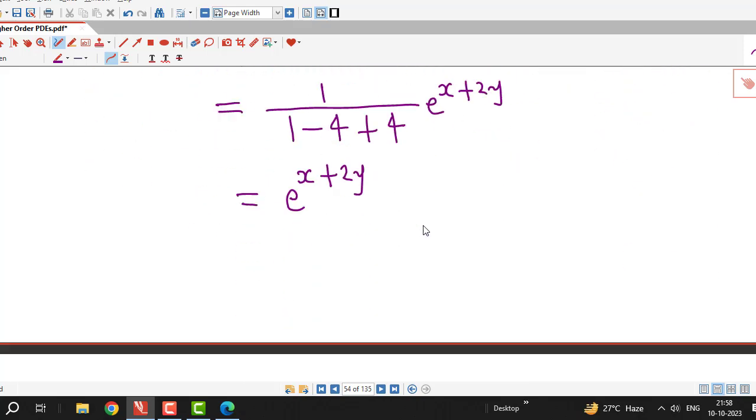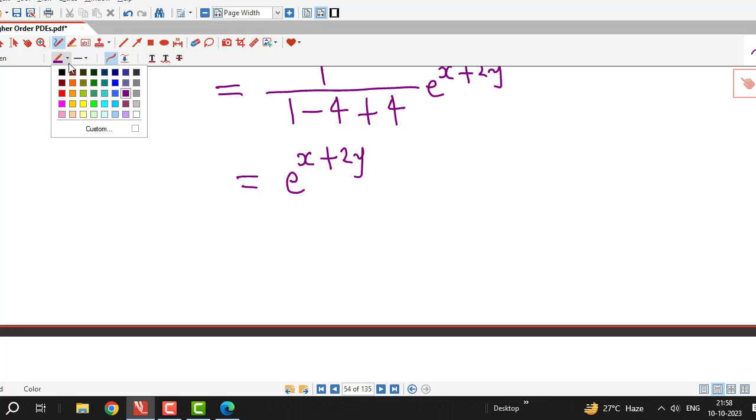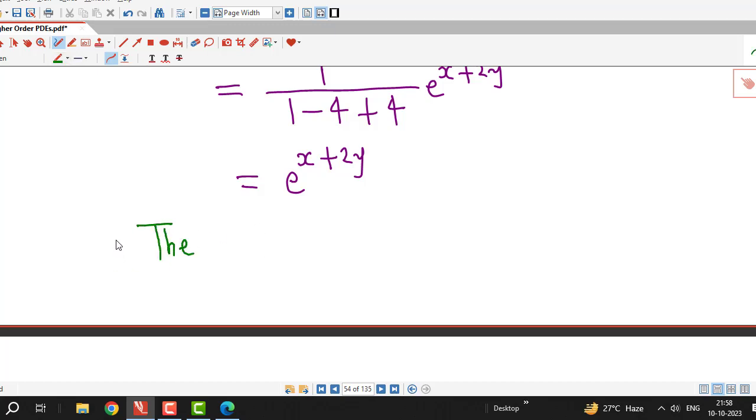So this is the particular integral, and once we decide the particular integral, we can easily write the general solution by adding the complementary function and the particular integral.